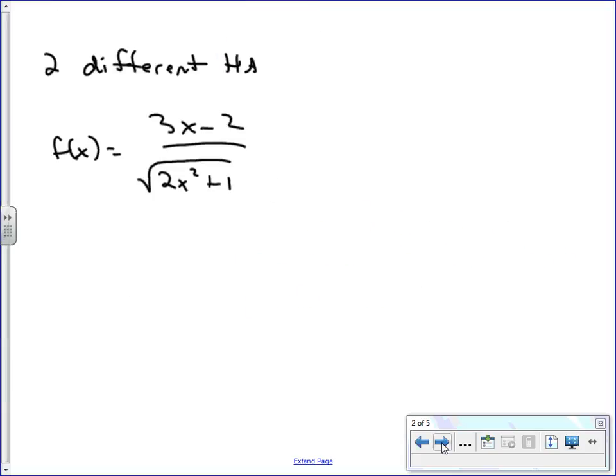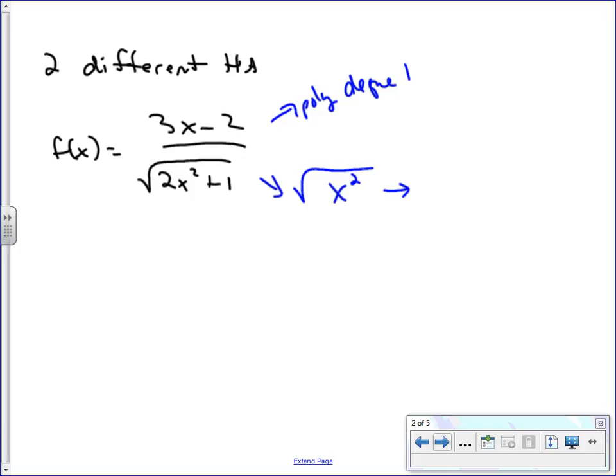Might be helpful sometimes. All right, there is a specific circumstance you're going to see in this class where we get 2 different horizontal asymptotes. And it tends to occur when your numerator is a polynomial, actually usually linear, degree 1. And your denominator is not a polynomial, but it's got the square root and it's got x squared.